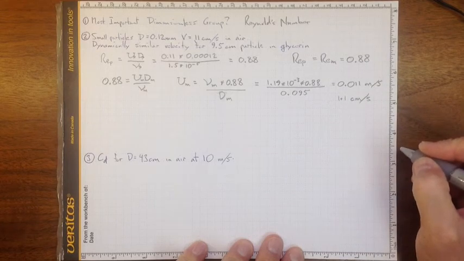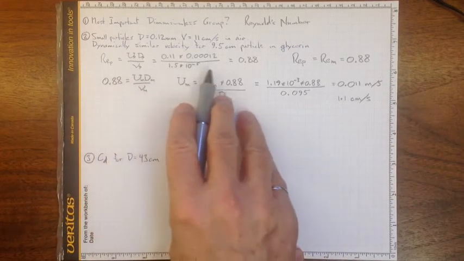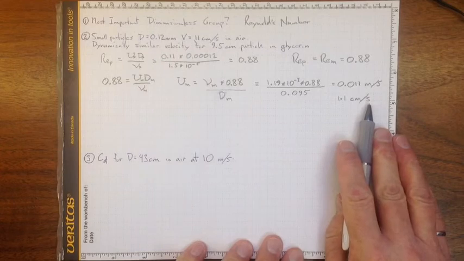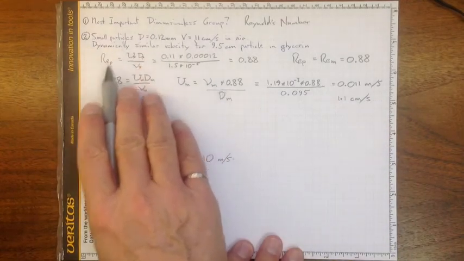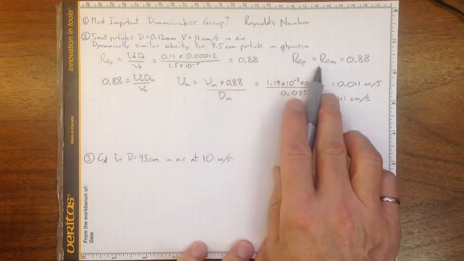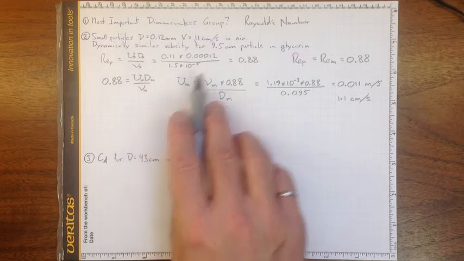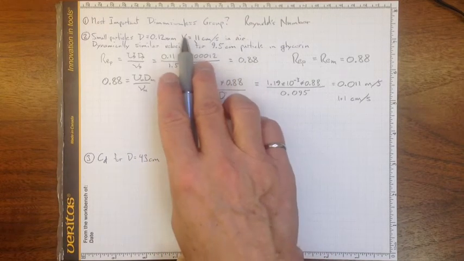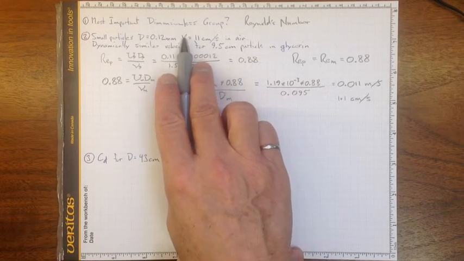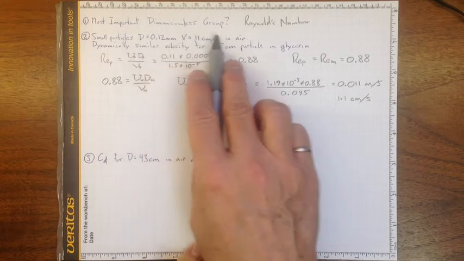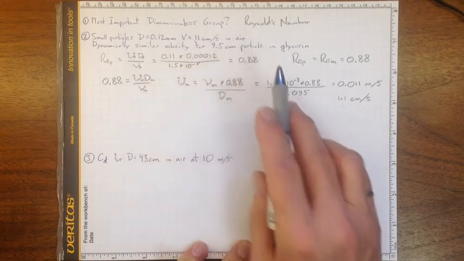So a slow-moving flow that we can see the behavior in, and we can probably make some pretty good measurements in. So that was the question that we were asked, was to get Reynolds number similarity. What would the velocity be in the model situation with a much larger particle to get the same dynamic conditions as in the prototype situation with a much smaller particle?